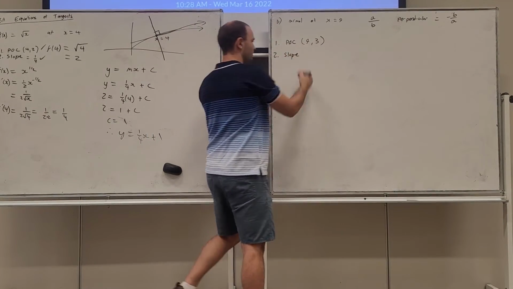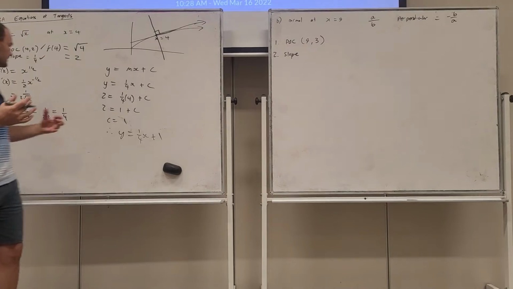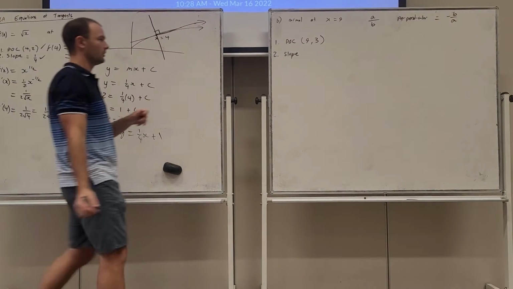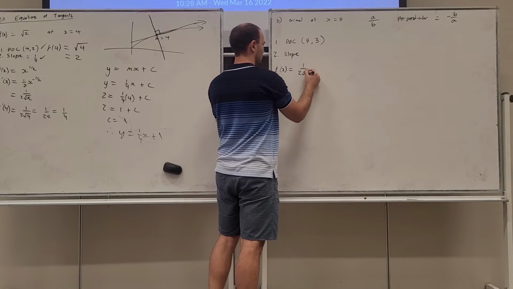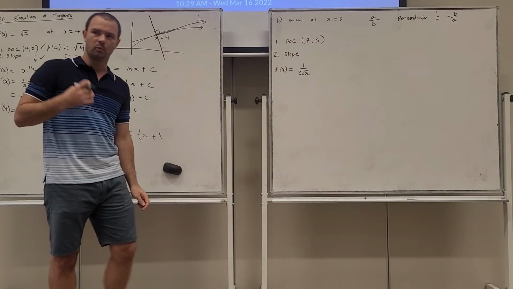Now we don't have to perform the differentiation because we've already done that. This is the derivative function, isn't it? 1 on 2 root x. And we want to know the slope when x is 9.